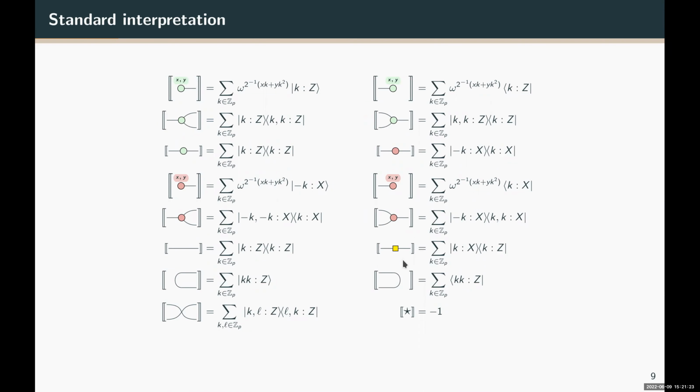As for its operator version, the Hadamard box also interprets as the operator which takes the Z basis into the X basis. And then we have the final interpretation for this kludge spider, which interprets as -1. It turns out that the scalar -1 is a little bit tricky to represent in some dimensions, as we'll see.